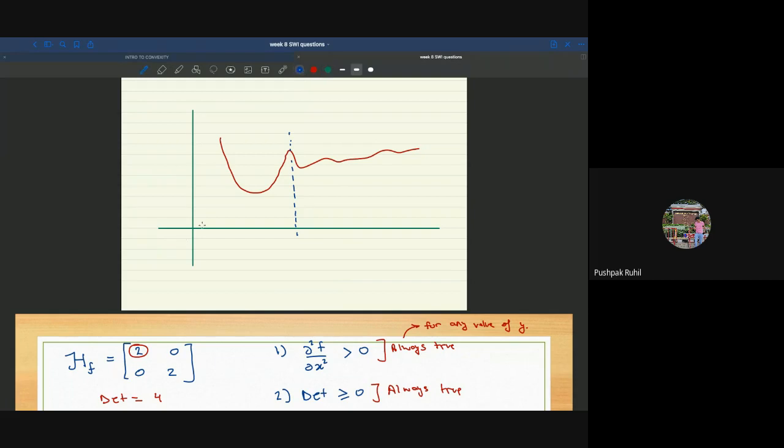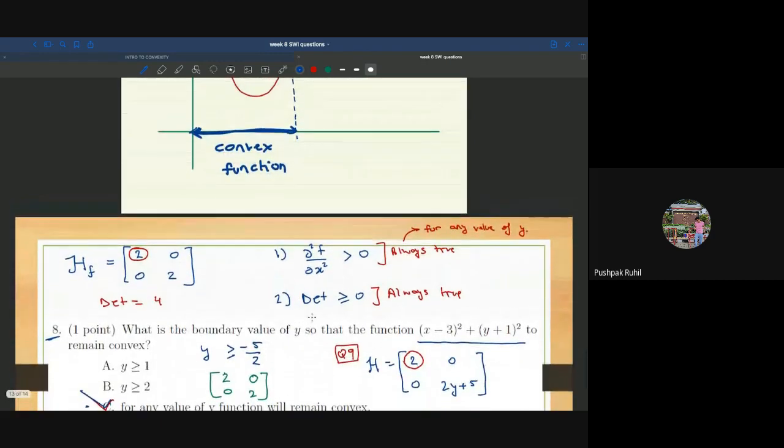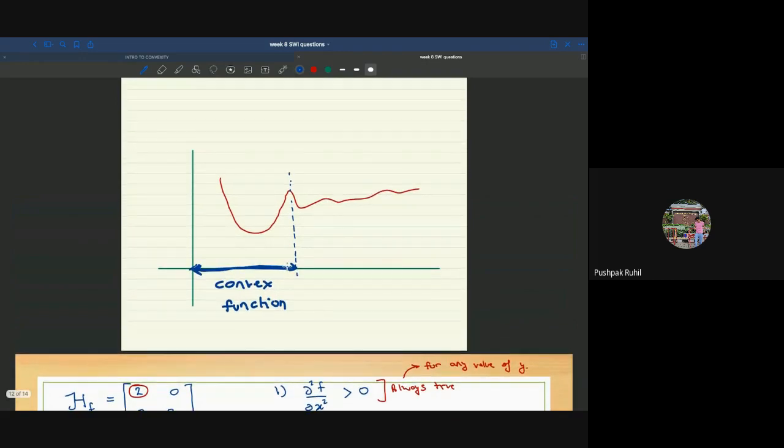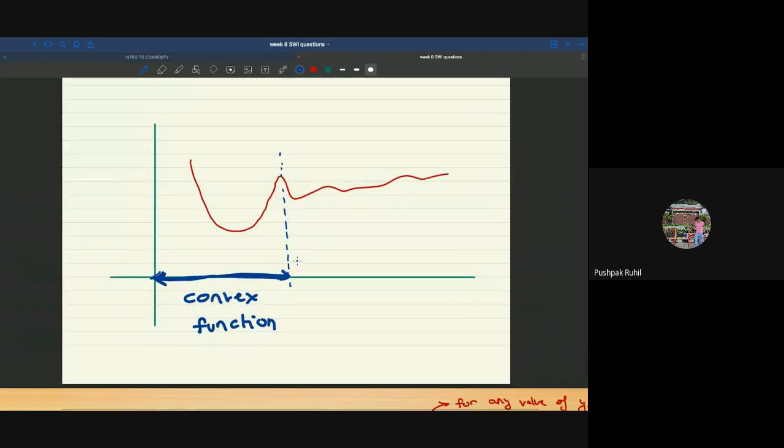In the question below, we're talking about two variables, so I cannot demonstrate it in a 3D setting on paper. But let's say you were talking about one variable and you got some range, x less than or equal to this particular point, x star.